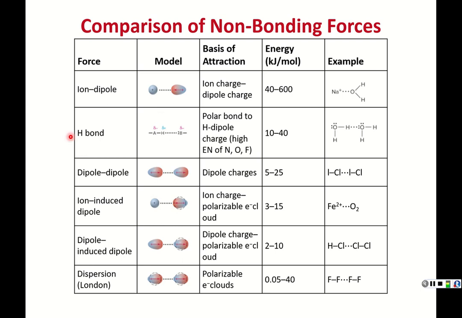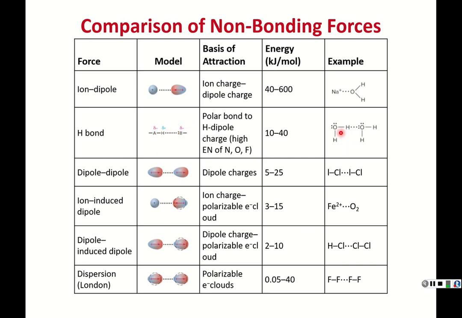Okay, the next strongest would be hydrogen bonds. A hydrogen bond is where you have a polar bond to a hydrogen dipole. So if you have a hydrogen that's bonded to something electronegative, it's going to be very positive, and then it can interact with another very negative substance.